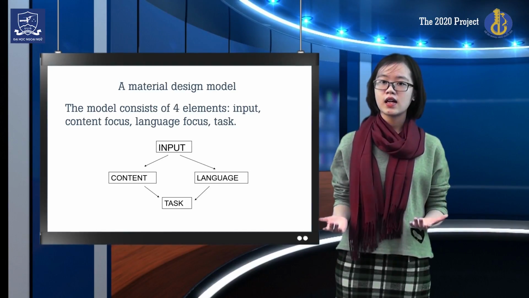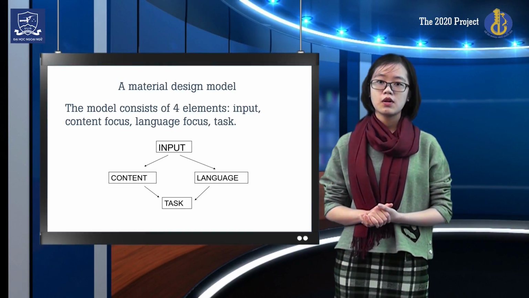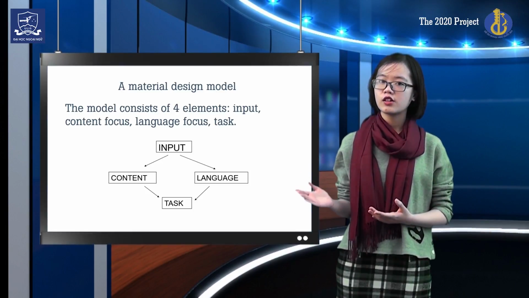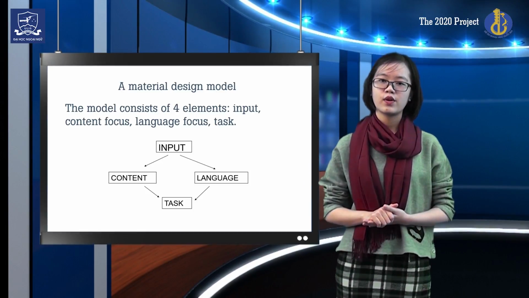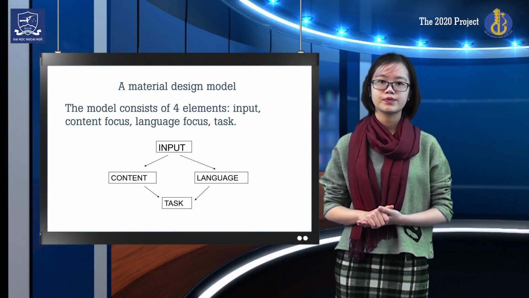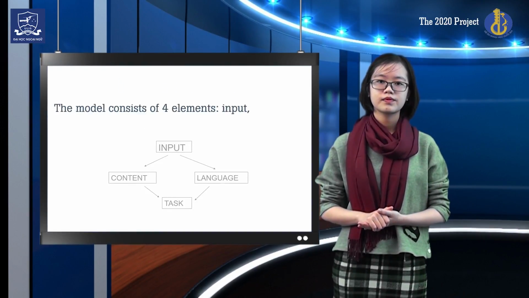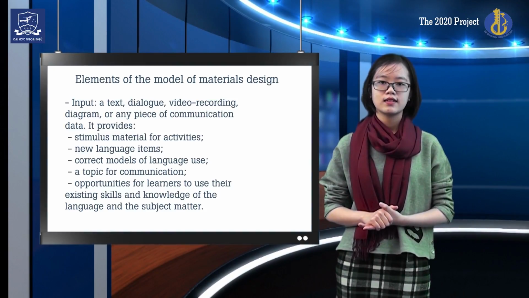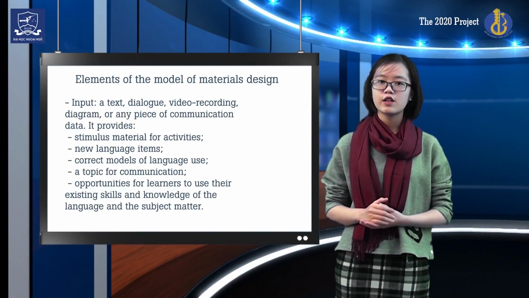A material design model. The model consists of 4 primary elements: input, content focus, language focus, and task. Elements of models of material design. Firstly, input.